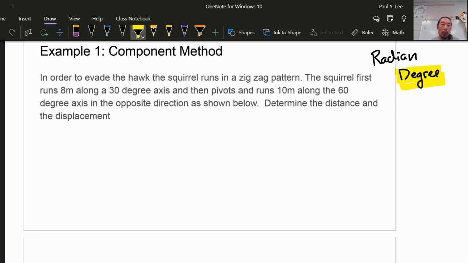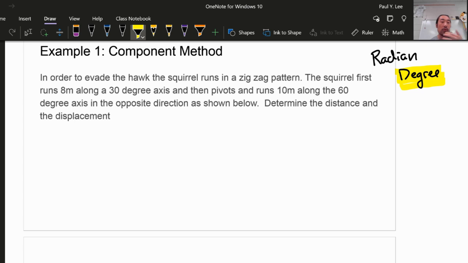Okay, so now that that's out of the way, let's read this example first. And I encourage you to pause the video, have this example down in your notes. It does require a little bit more copying down, but it's a good reference for you to have as you go back. Okay, so we have a squirrel and it runs in a zigzag pattern, right?